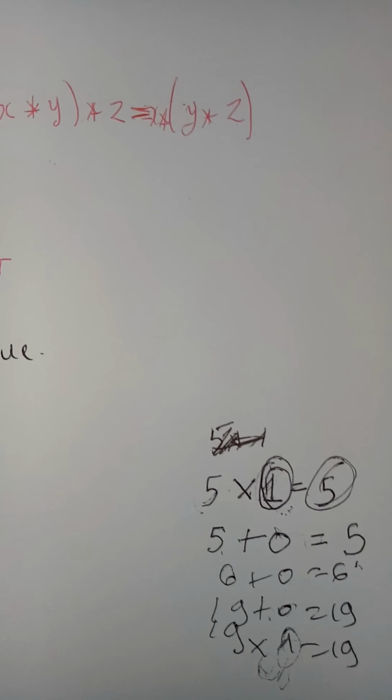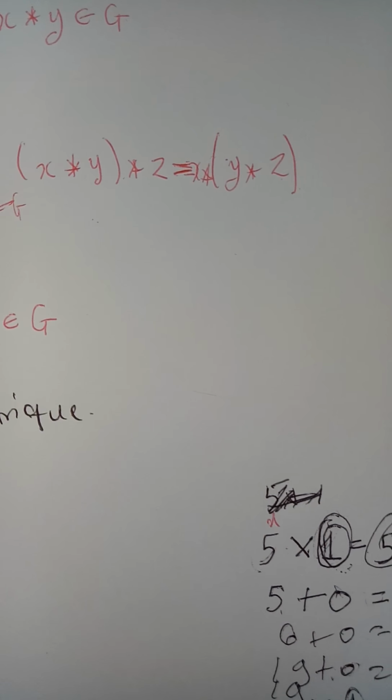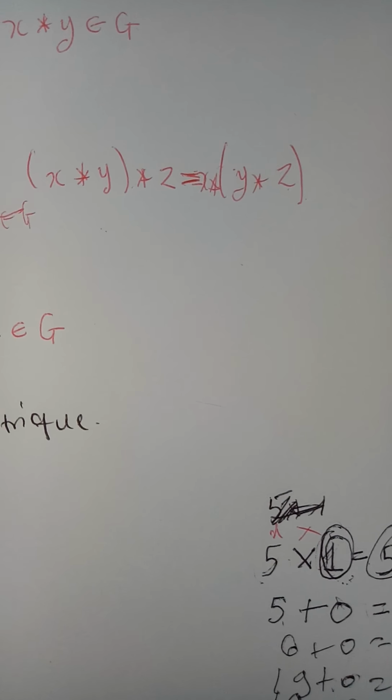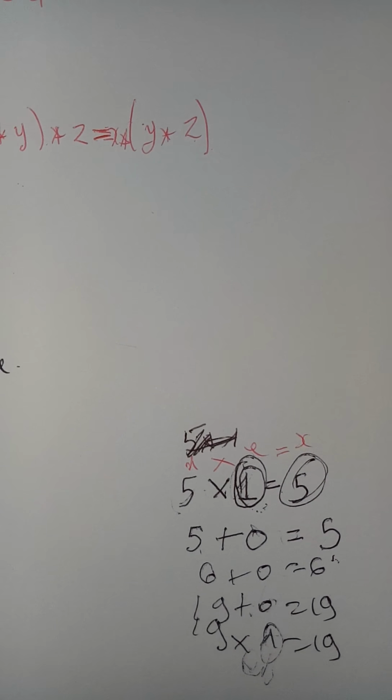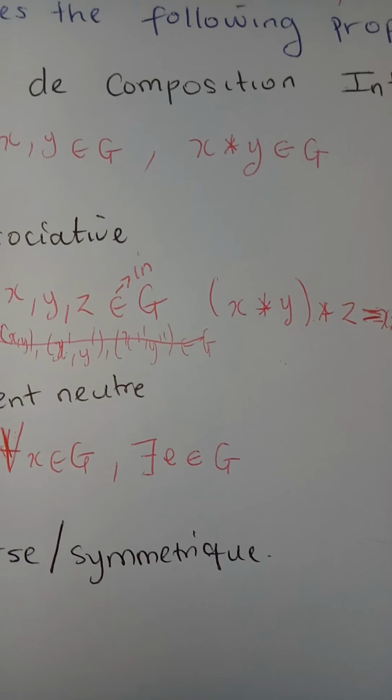What can we guess from here? Let's say this is X, right? Let's call this X. And we say times 1, let's call it E. What did we get? We still got X, right? We apply the same law here.